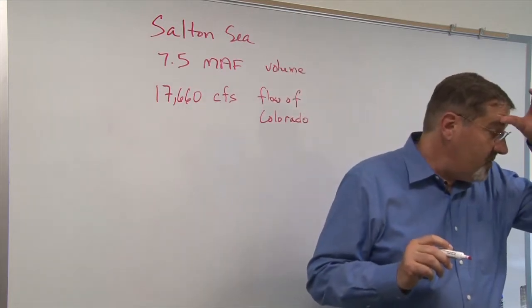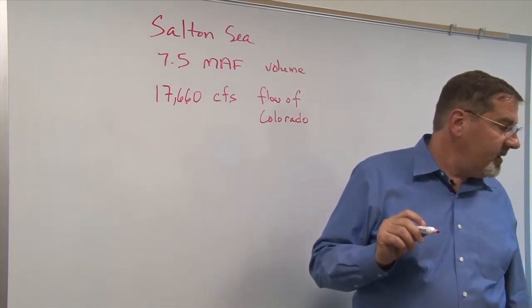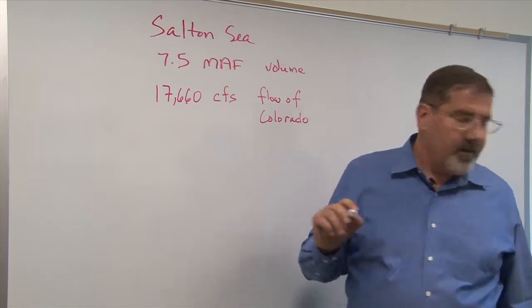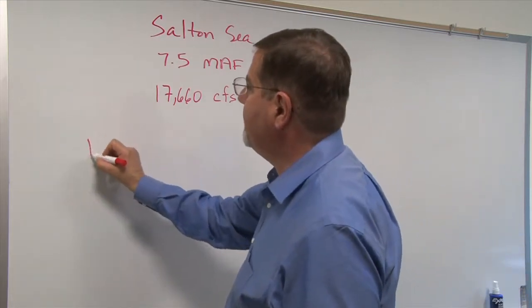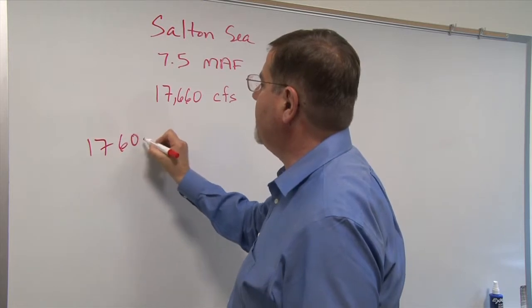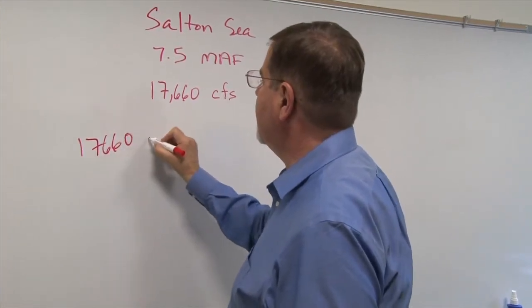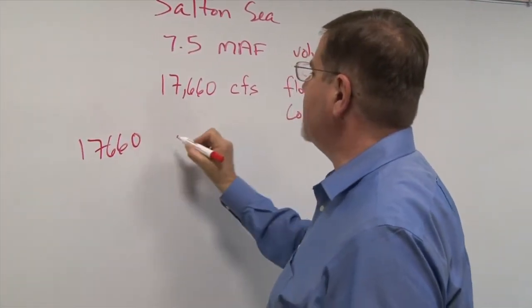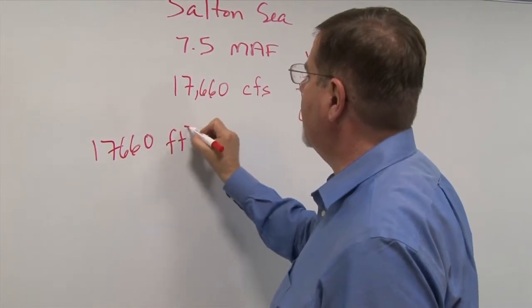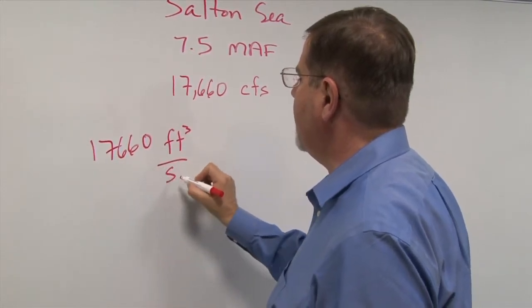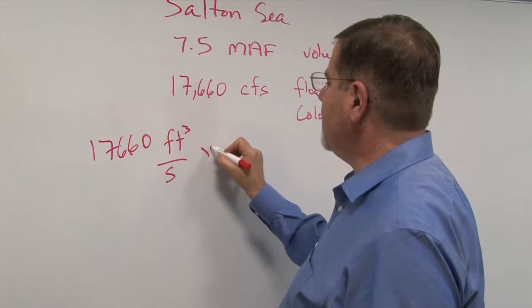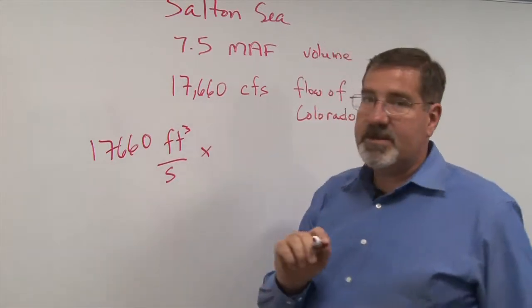So the first thing we do is we take the 17,660 cubic feet per second, and now this time I'm going to write it out. And now let's multiply that. Let's turn seconds into days.